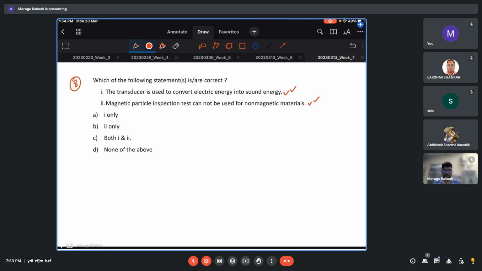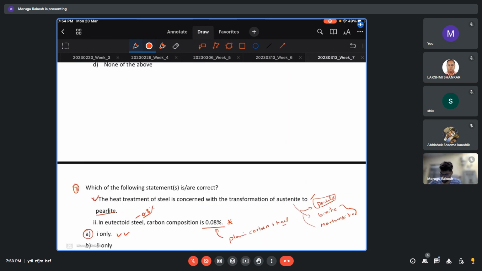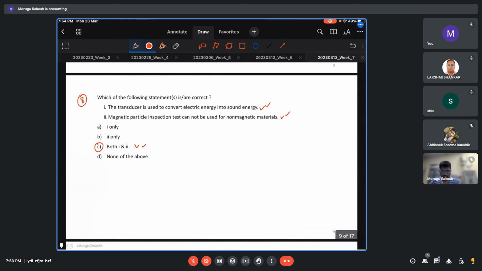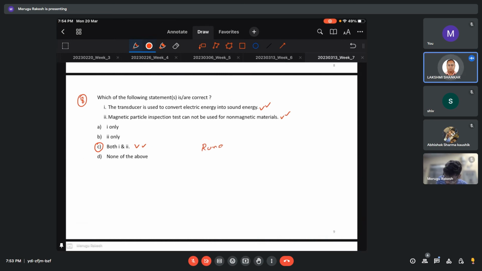If it is not a magnetic material, there is no magnetic field going into it. So both options are correct. I think these are the questions. If you have any doubts, I will explain. Next slide, sir.